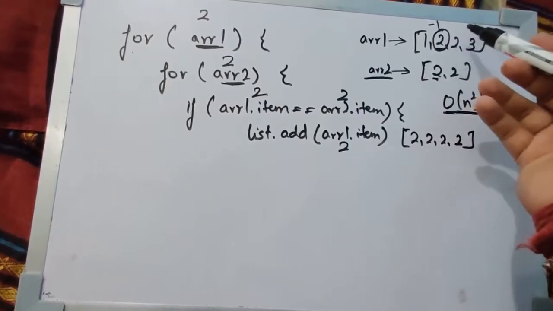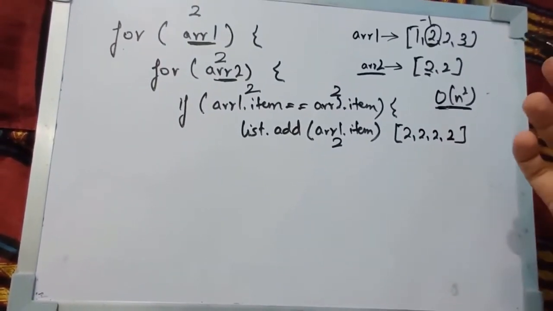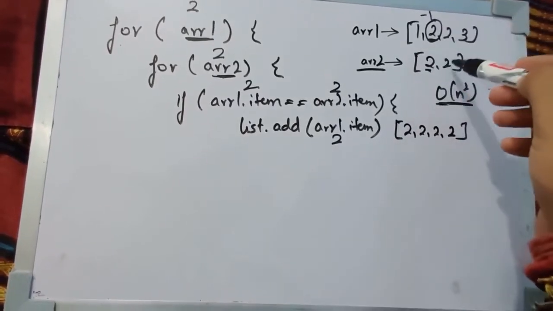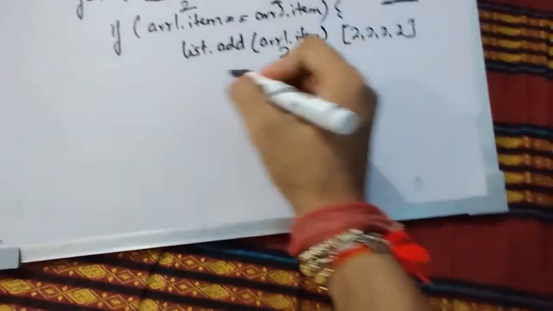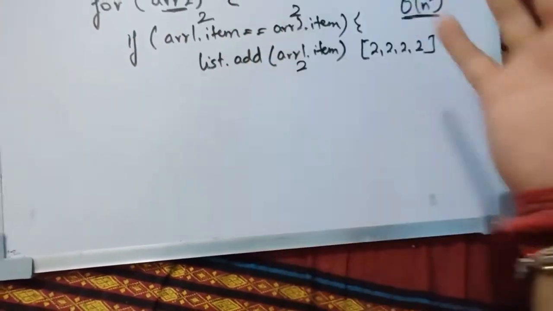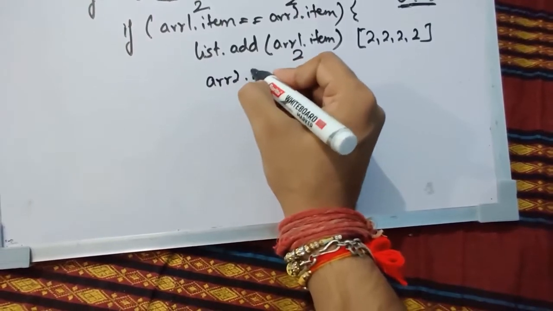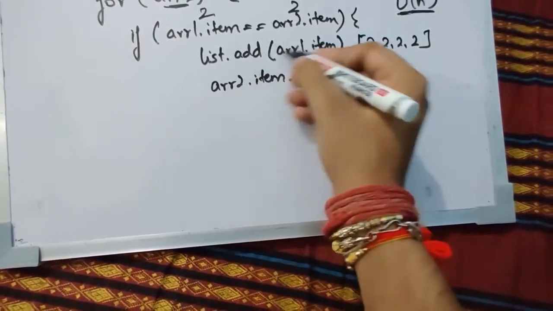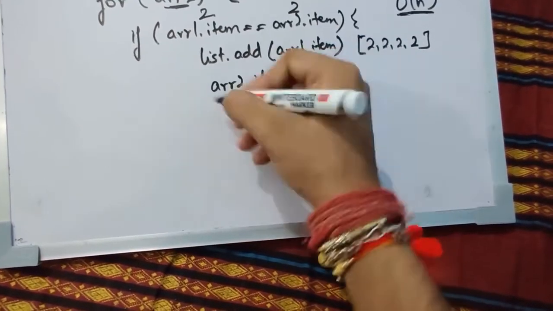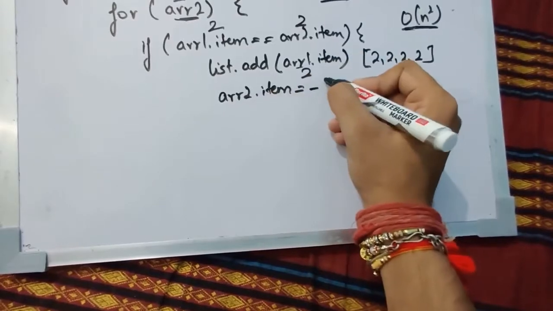Why do we want to do that? We don't want it to be iterated again, because if we don't do it, then it will check it again, right? So just to be on the safe side, for array2.item I'll make it -1. You can do either one, array 2 or array 1, just don't use the same array here and here.